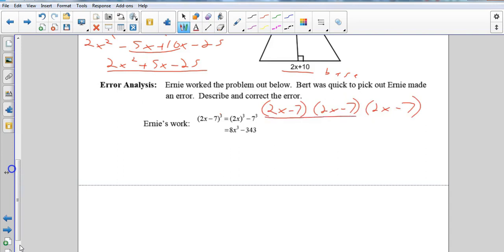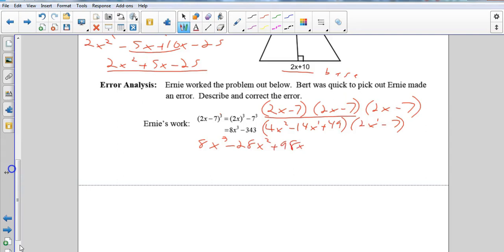So once again, I'm going to do the hybrid. I'm going to do a shortcut here and get 4x squared. 2x times negative 7 is negative 14x plus 49. All that times 2x minus 7. Now I'm going to send the 2x in and get 8x cubed negative 28x squared plus 98x.